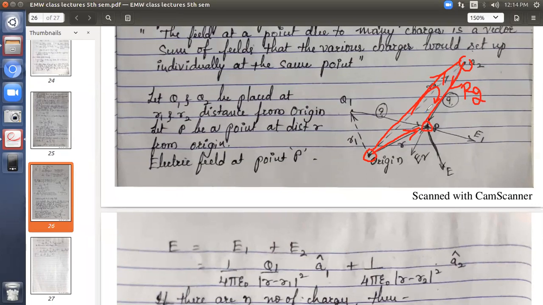Can I continue this direction also? We cannot directly take from point P to Q2 because the direction of the unit vector is important for us. That's why, when we have this direction from origin to Q2, take the continuity from Q2 to the point itself. That will give you the correct direction.